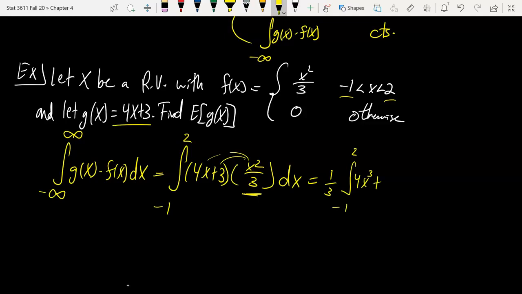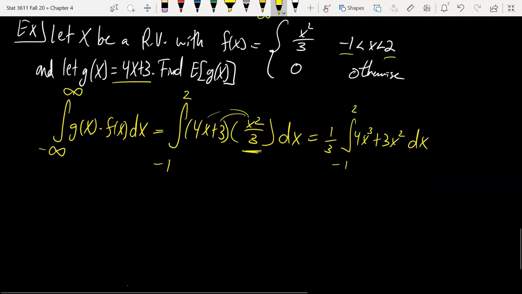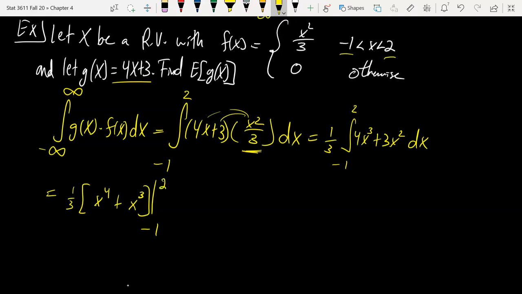Then x squared times 3 would be 3x squared, dx there. And now I can take the antiderivative. So I've got 1/3 times the antiderivative, which is going to be just x to the 4th. The antiderivative of 3x squared is just x cubed. These are very nice in this case. And then our bounds, we evaluate from -1 to 2.